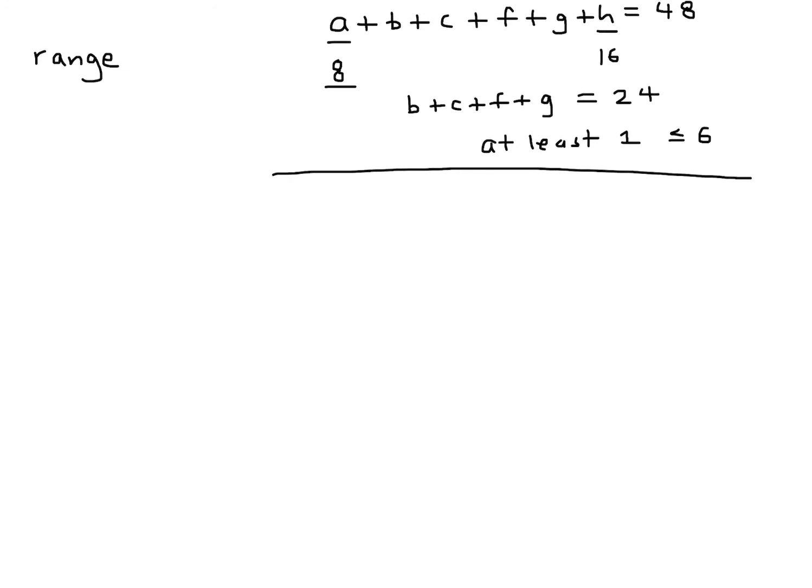Let's try for this scenario here, up here. Let's try 7 for A, and therefore H would be 8 more than that, which is 15. All right? If we do that, our remaining integers will be equal to 48 minus 7 minus 15, which is 26.